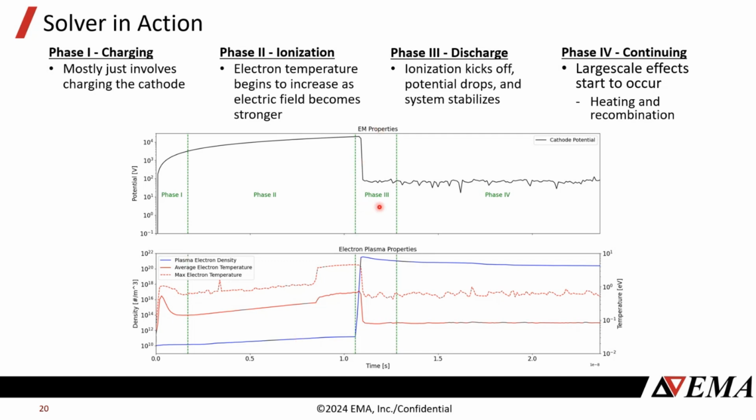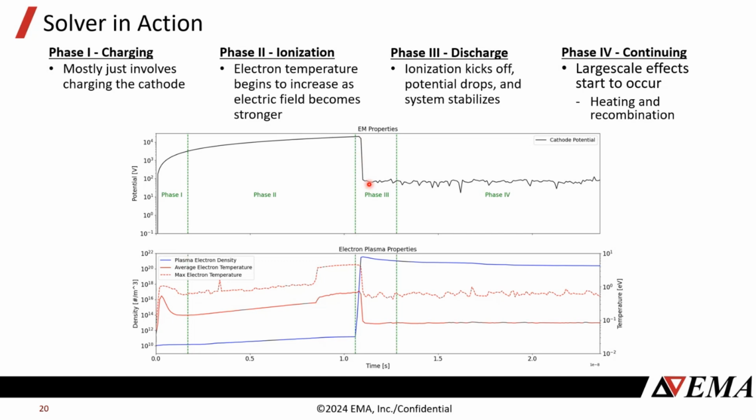And then finally, we reach phase three, where ionization really kicks off, shown by this sharp increase in the electron density. We'll also see at this time that our conductivity is increasing, and once it reaches some critical value, our potential drops off.